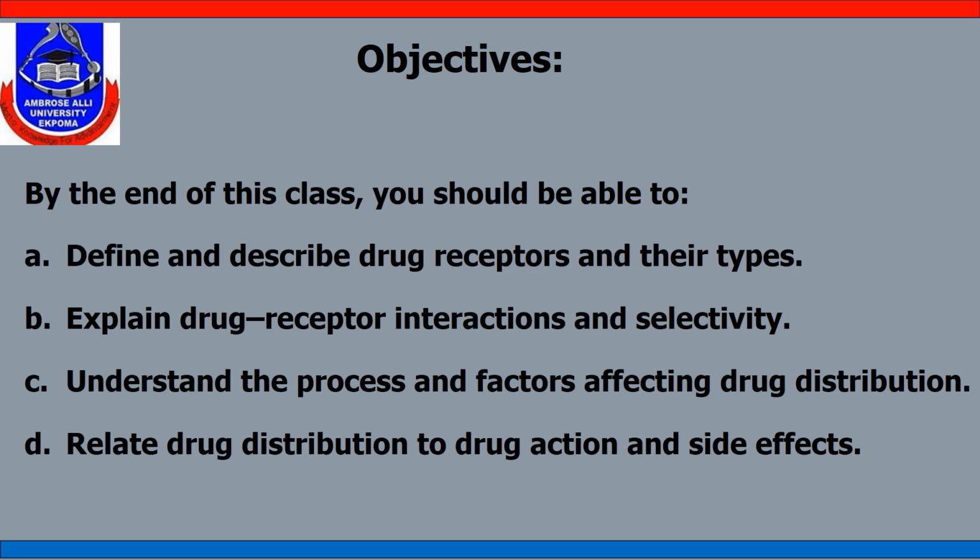By the end of this lecture, you should be able to define and describe drug receptors and their types, explain drug receptor interaction and selectivity, understand the process and factors affecting drug distribution, and relate drug distribution to drug action and side effects.